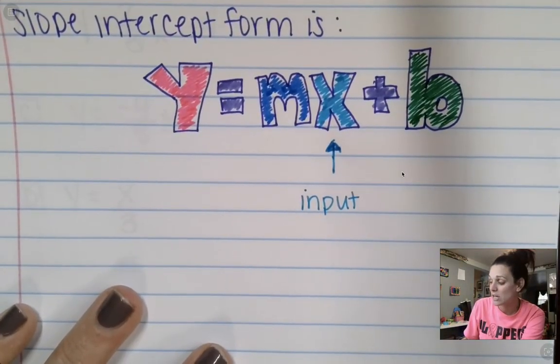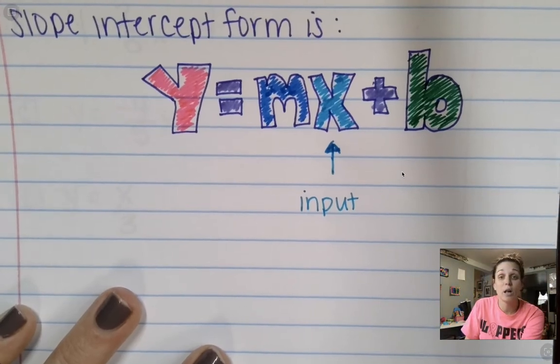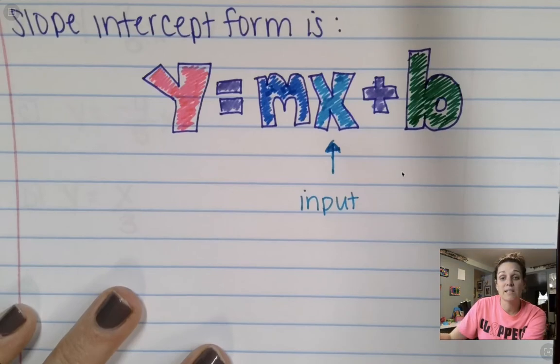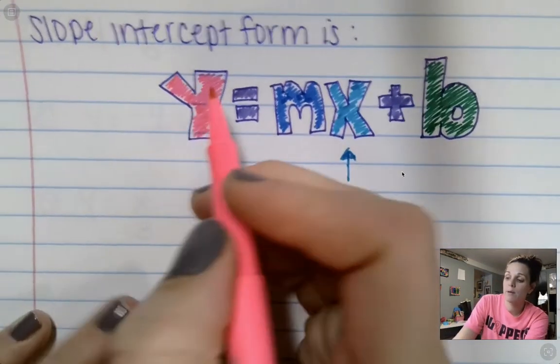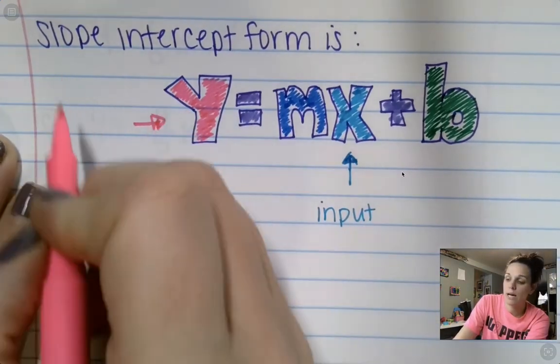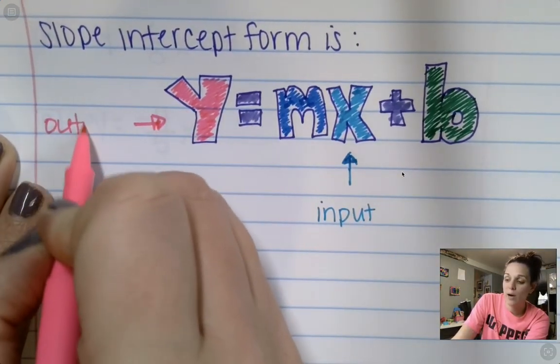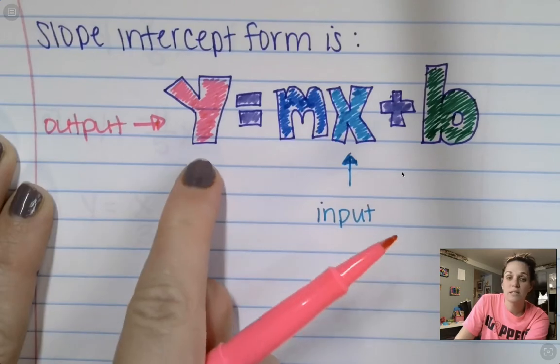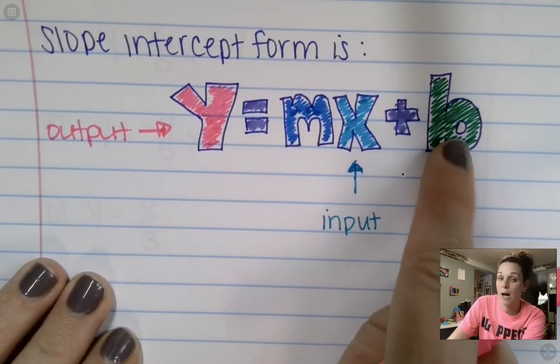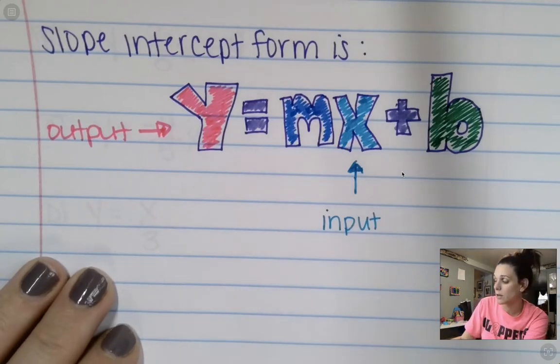It does not change to a number until we are actually solving. Just like x, y is the output, because it is by itself on the other side of the equal sign. This is the answer that we get. We plug a number in, it gets multiplied, it gets combined, and then we get our answer.